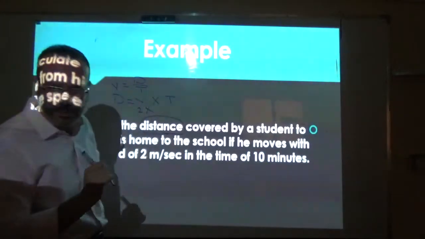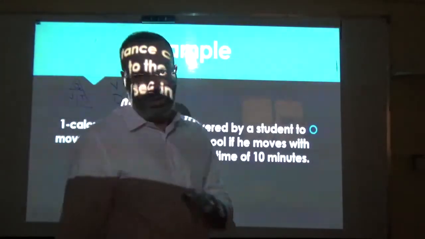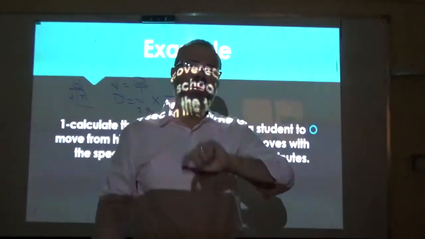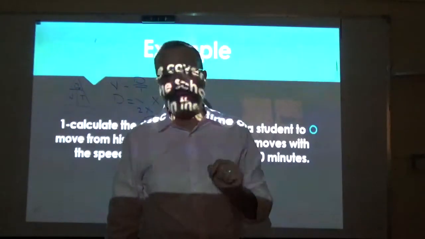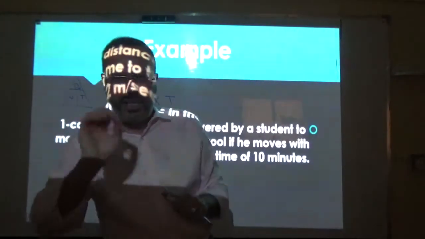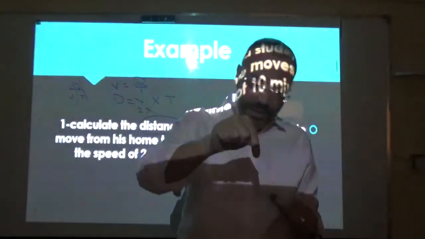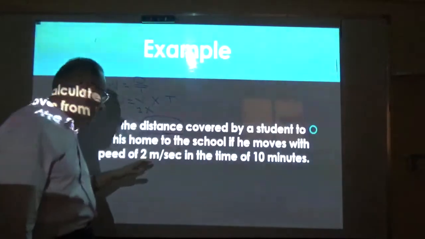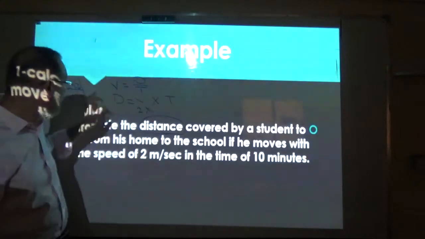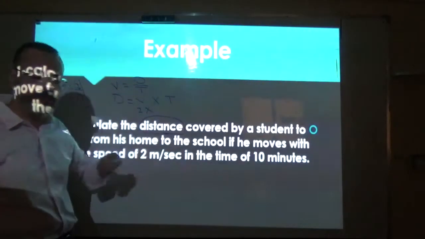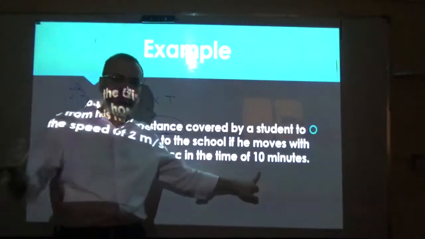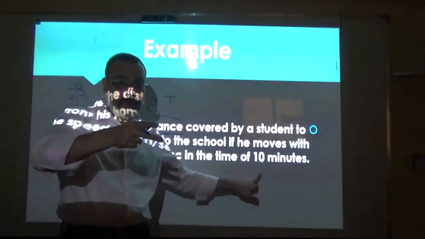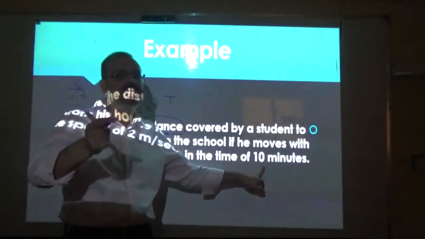No, we can't. Why? Because if the distance is in meter, the time must be in seconds. And if the distance is in kilometer, the time must be in hour. In this case, the speed is in meter per second, so the time must be measured in seconds. We need to convert minutes into seconds.